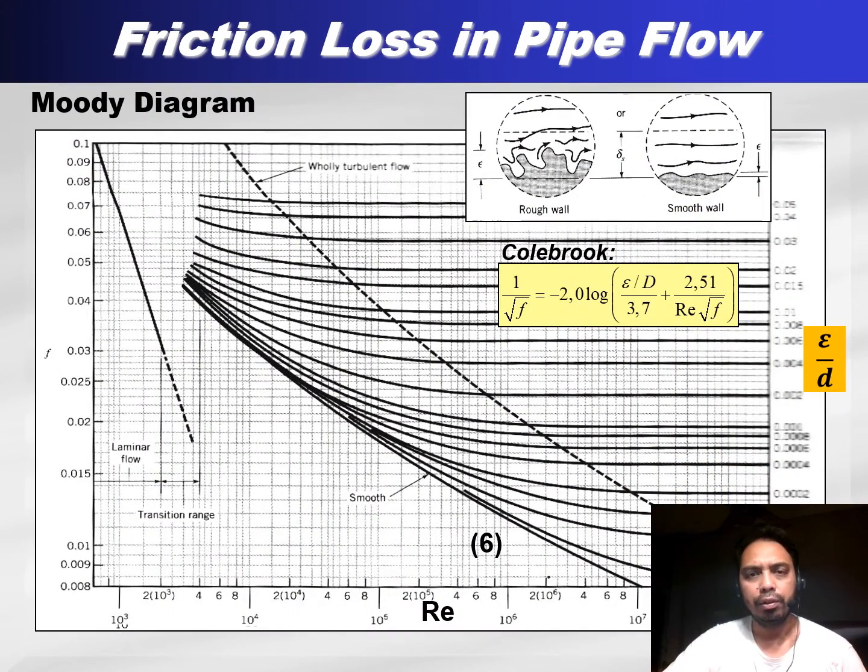So as previously explained on the Darcy-Weisbach pressure drop formula, we're going to need the frictional factor to be able to calculate the pressure drop. So one way to calculate the friction factor is using the Moody diagram, as you can see on this slide. The Moody diagram consists of the horizontal axis, which is the Reynolds number.